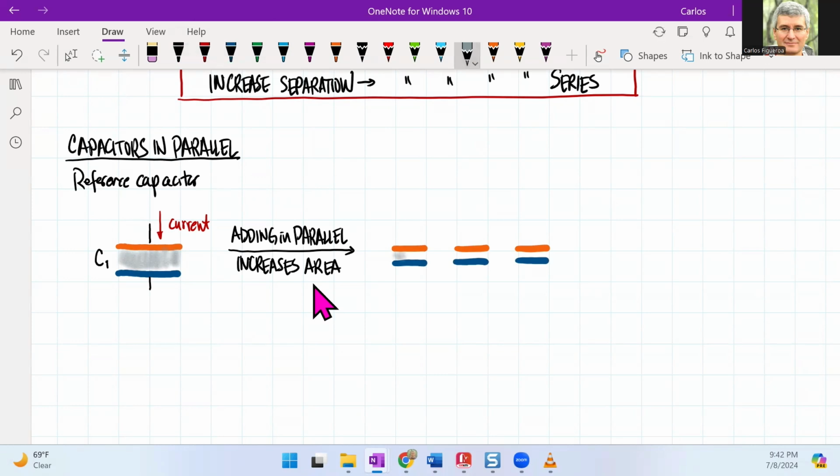And of course, I have my dielectric in here. So if I put them in parallel, then I have to have an equipotential that connects all of these guys right here. And of course, I do the exact same thing down below.